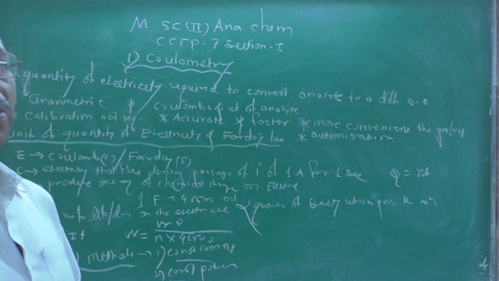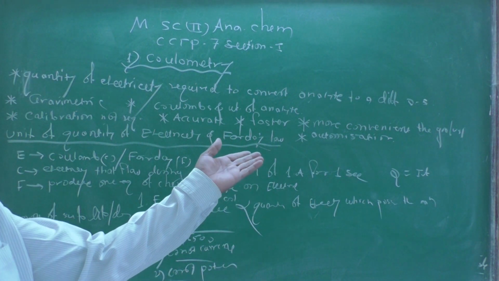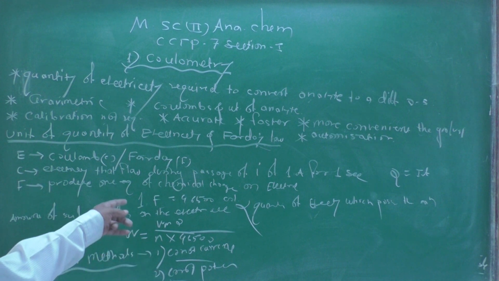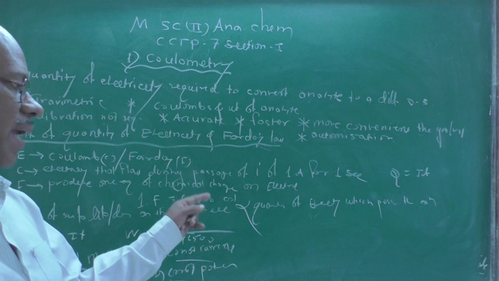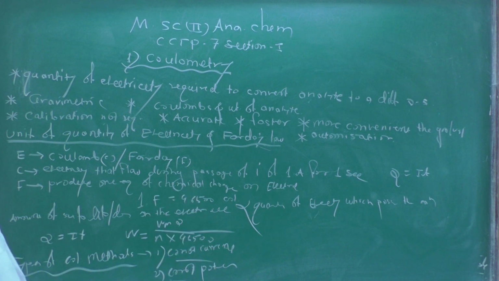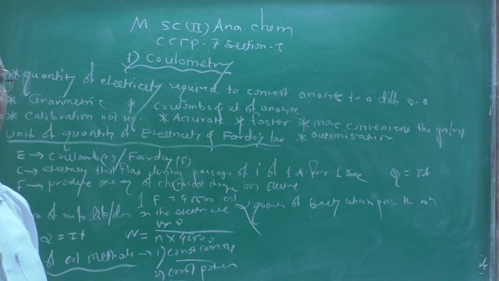That is Q = IT, where Q is the quantity of electricity in coulomb, I is the current in ampere, and T is time in second.